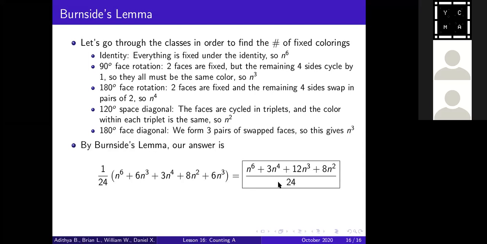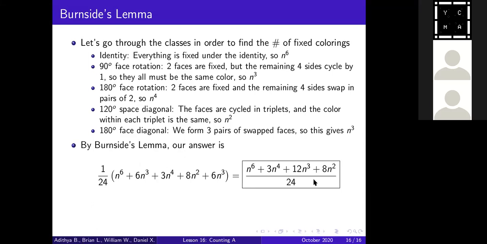Right, so now we use Burnside's lemma, and what Burnside's lemma says is that we just average these. For example, 3n to the 4 comes from the fact that there are 3 180-degree face rotations, and each of them has n to the 4 cases that are fixed.